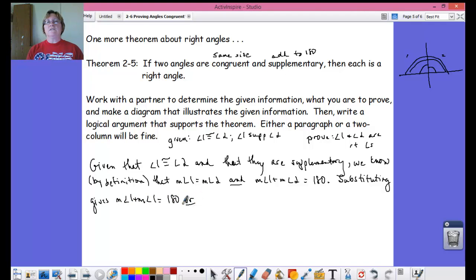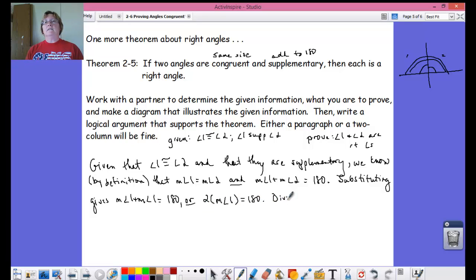Or, and we're going to just do a little arithmetic here, twice the measure of angle 1 is equal to 180. Do you see what we did there? Measure of angle 1 plus measure of angle 1 is 180. That can be rewritten by saying twice the measure of angle 1.